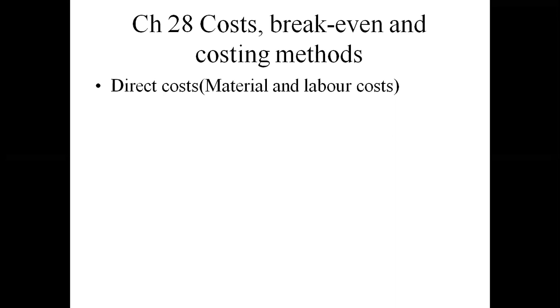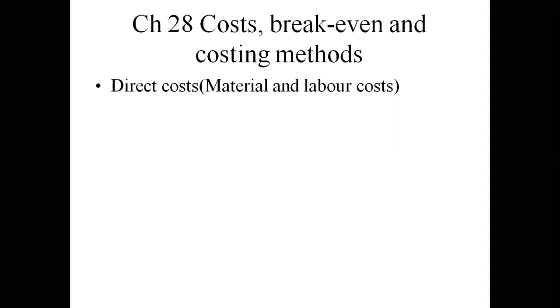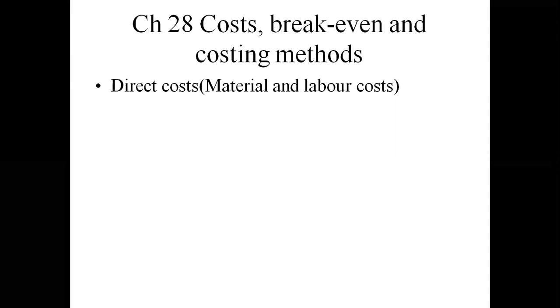So it will be a direct cost. Generally, material and labor costs are direct costs. Labor cost is the cost of labor in producing a product, and material cost is whatever raw material or ingredients you use to produce a product. Because we can identify how much cost is involved in each product, we call them direct costs.